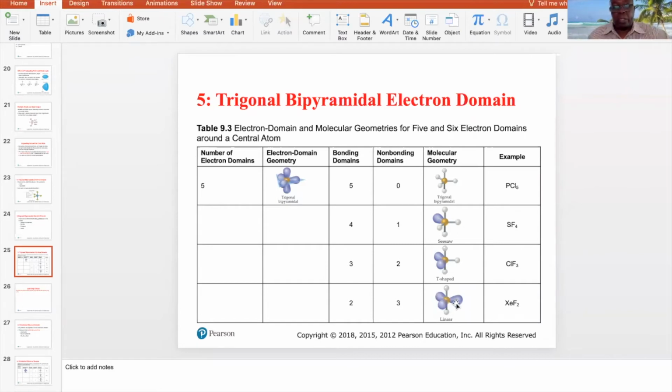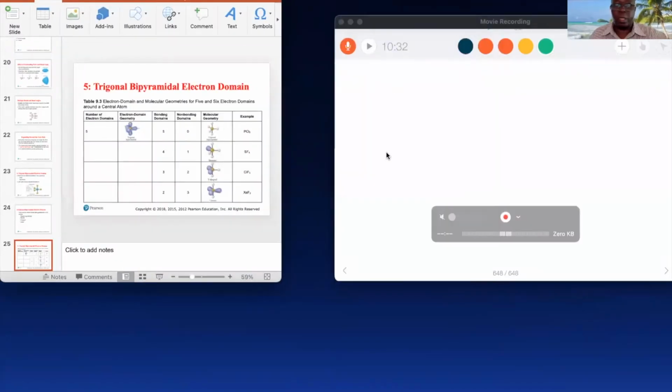This will play out. I pointed out earlier that you may have 2 atoms hooked up to the central atom and you will think that it is always linear. No. Using this as an example, let me show how we end up with the 5 domains. I'm just going to minimize this so that I use my whiteboard.